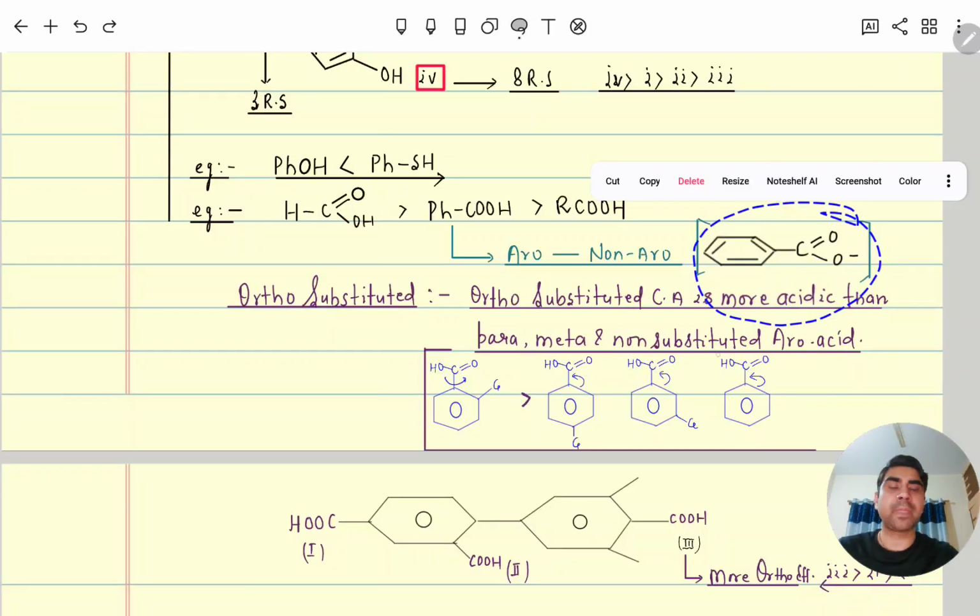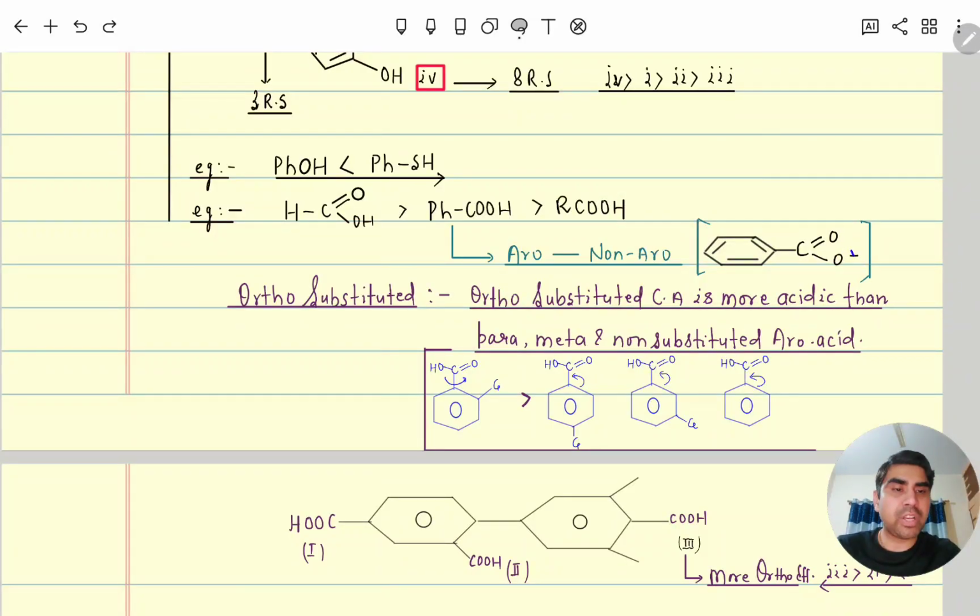Are you understanding? Since here it can do identical resonating structures, no problem, everyone does that. Along with the identical resonating structures, this negative charge is moving here. So here this bond will break. There is one possibility: this carbon will become a double bond, here the negative charge will come and this oxygen will become a double bond.